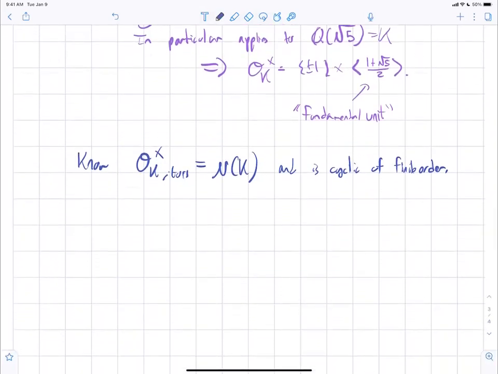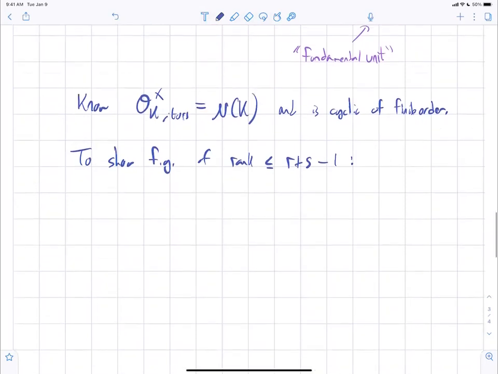So, to show it's finitely generated of rank less than or equal to r plus s minus 1, we're going to do the following. We're going to take sigma 1 to sigma r.